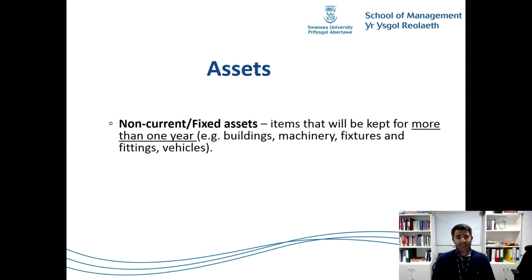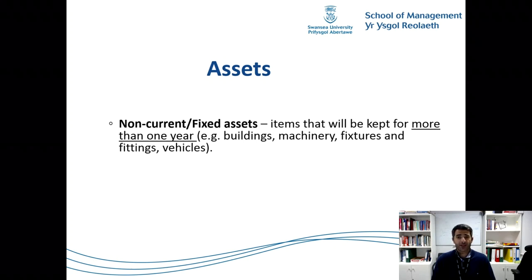So let's have a look at assets. I explained assets, but again, to recap, we did say that assets are divided into non-current assets, or we call them fixed assets, and that fixed assets or non-current assets items will be kept for more than 1 year in the business, and are used by the business. This is for business use, it's not for resale, such as buildings, machinery, vehicles, computers, laptops.